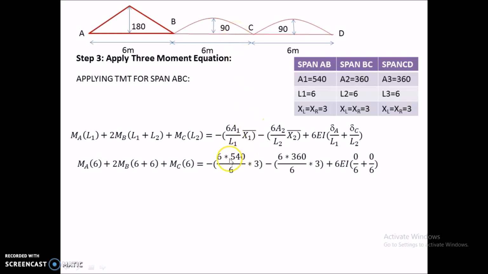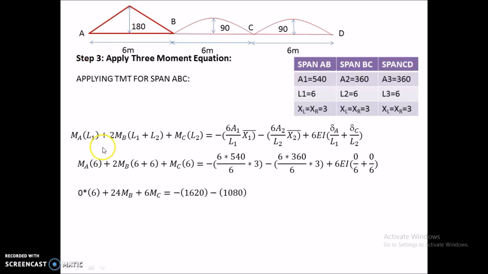So 6 into 540 into x1 bar, here XL, that is 3, divided by L1, which is 6, minus 6 A2, which is 360, divided by 6 into x2 bar, from here the right side XR value is 3, plus there is no delta A and delta C, so they are 0. Now already we know that MA is equal to 0.